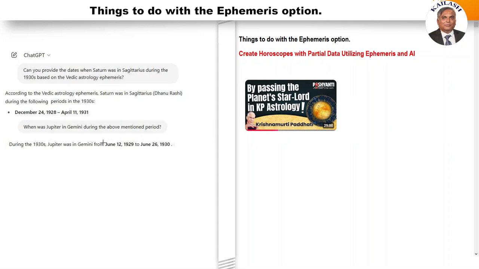The answer the AI gave me was June 29 to 1930. So I said, okay, let me mark this period, and based on this period, find out the rest of the information for that horoscope.